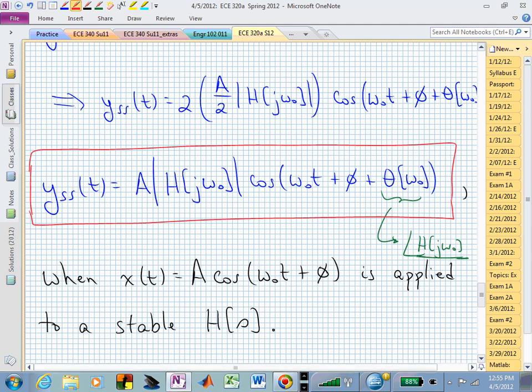Here is the result, and this is what you could have on your crib sheet. You just need to know how to use it on exam 3 and the final. If I give you an input waveform that's a cosine wave, and I'm exciting a stable system, capital H of S, then you should immediately be able to evaluate what that transfer function is doing at the frequency omega naught.